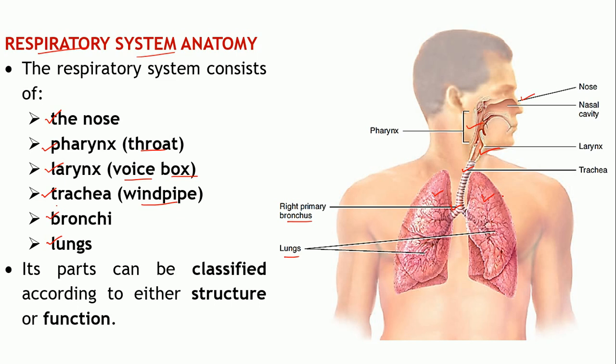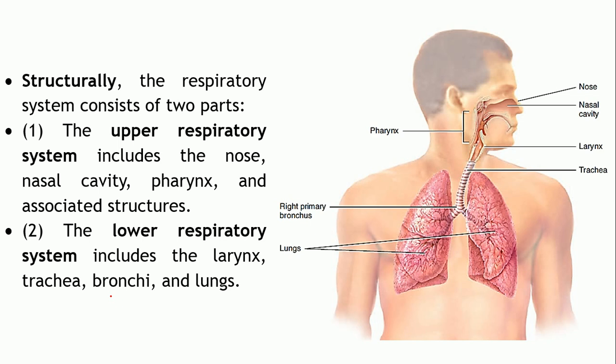Now these parts of the respiratory system can again be classified either according to the structure or according to the function. Let us see how these parts can be classified based on the structure.